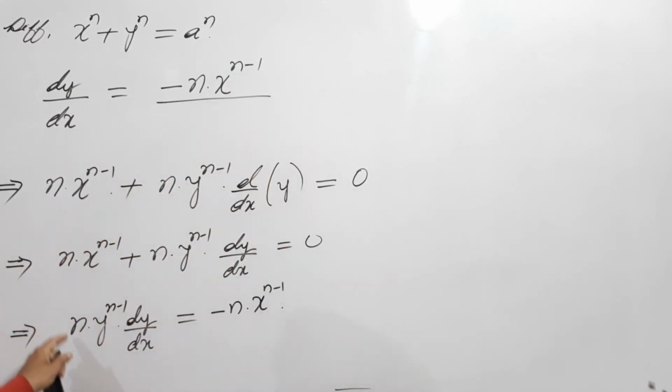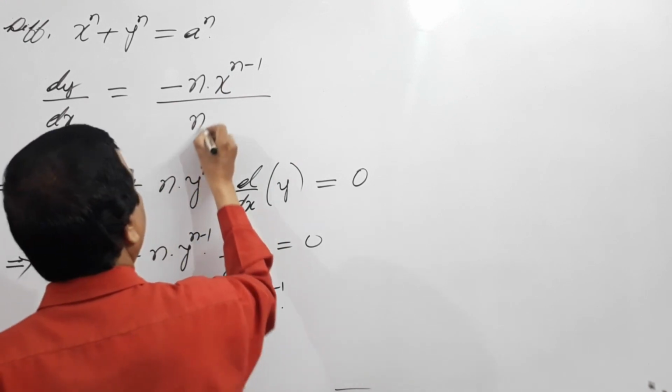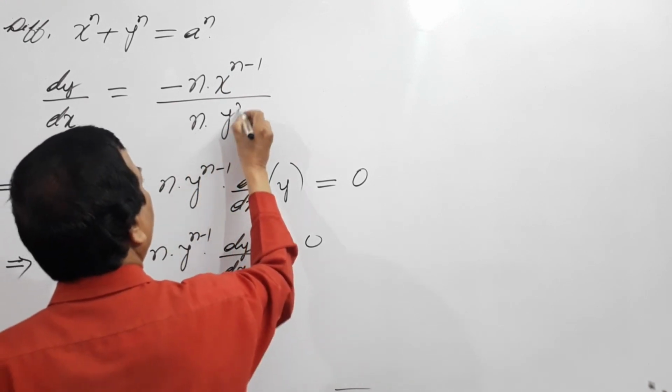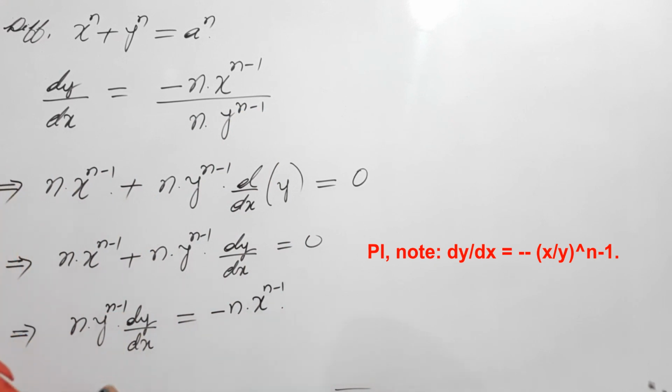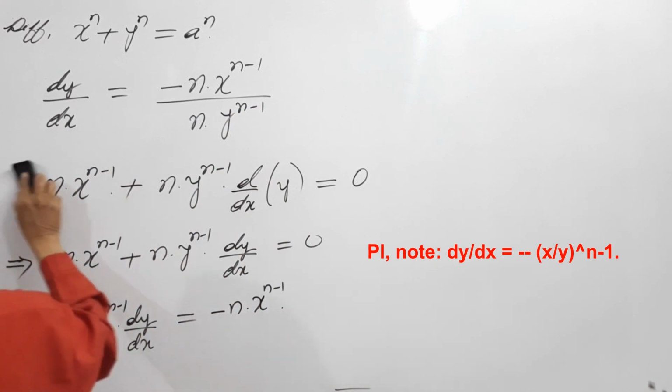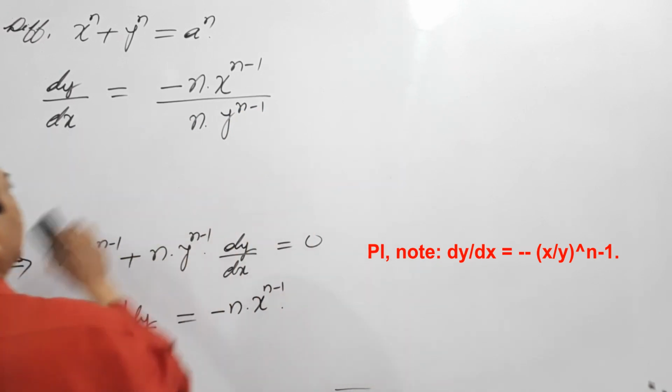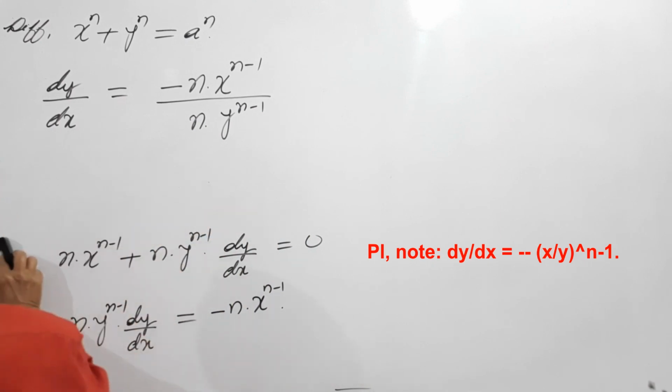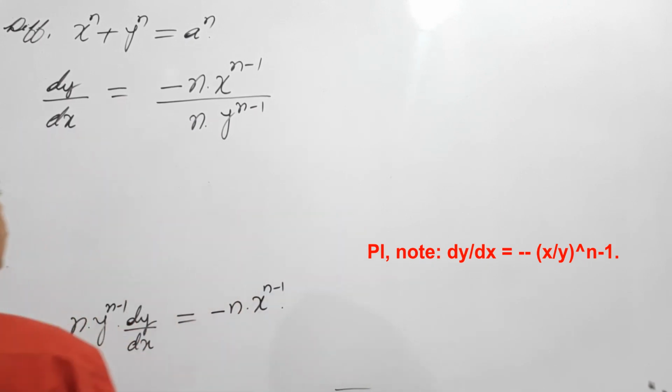I'll send this to the denominator. So this becomes n into y to the power of n minus 1. I rub this also.